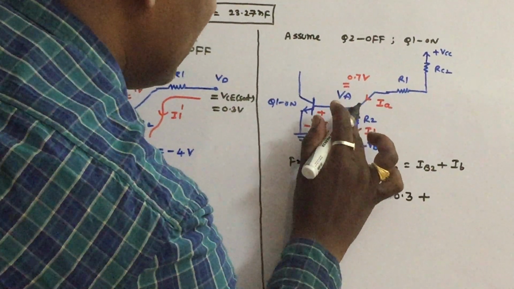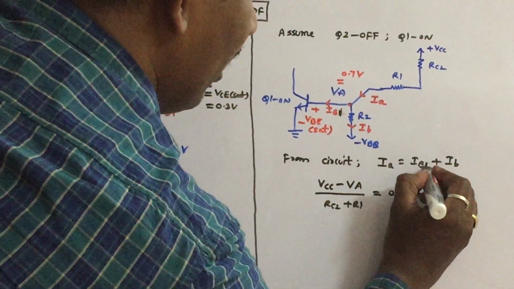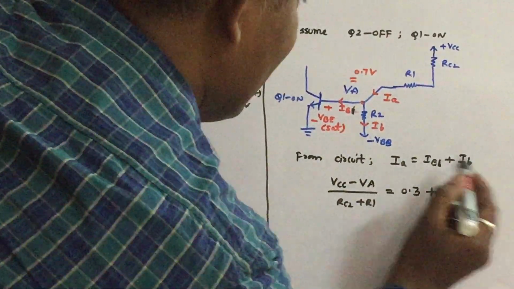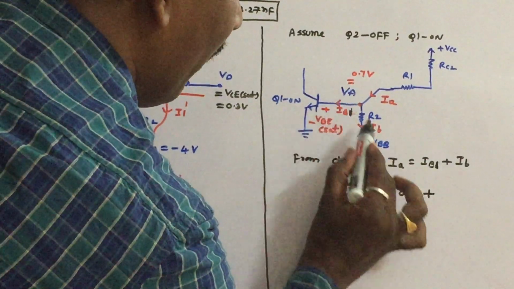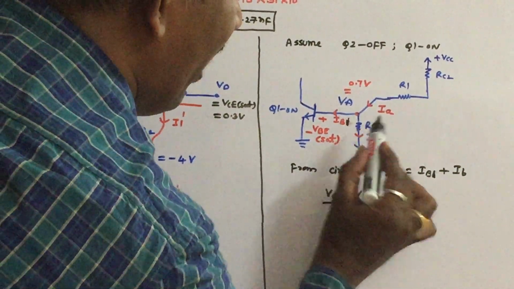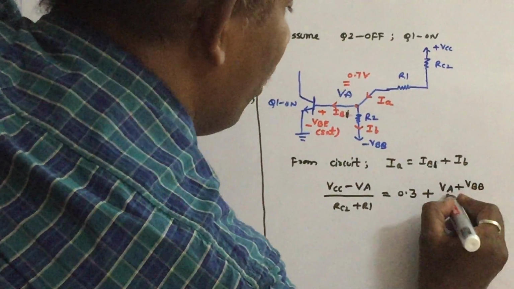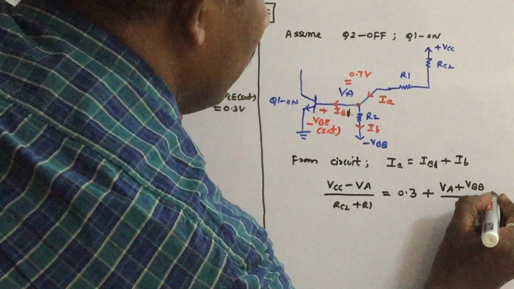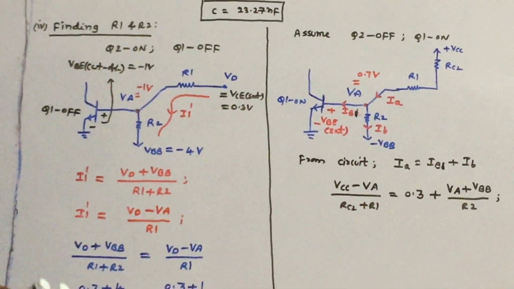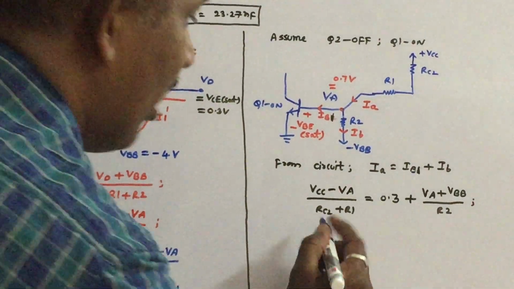Let us call it IB1, so IB1 is equal to 0.3. What is IB from this formula? VA plus VBB by R2. This is the step you have to remember how to write: IA is equal to IB1 plus IB. Just substitute the values and the answer will come.